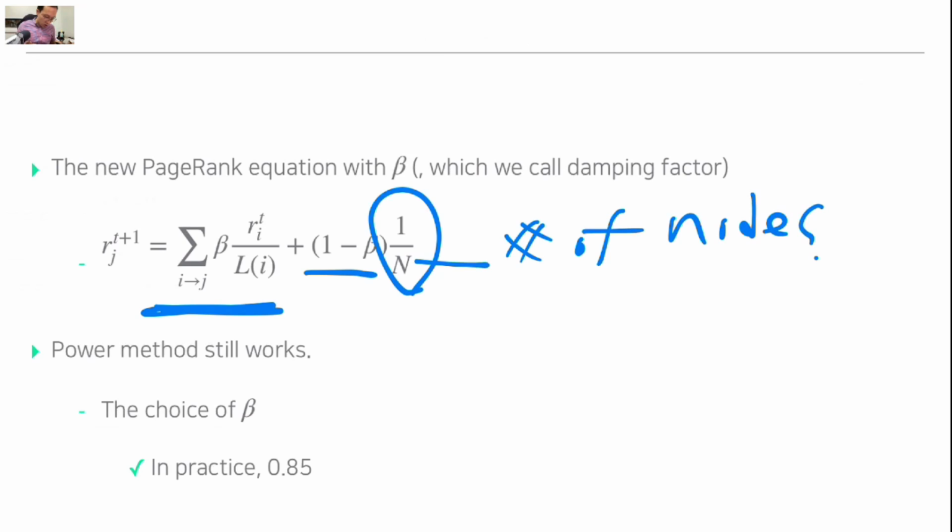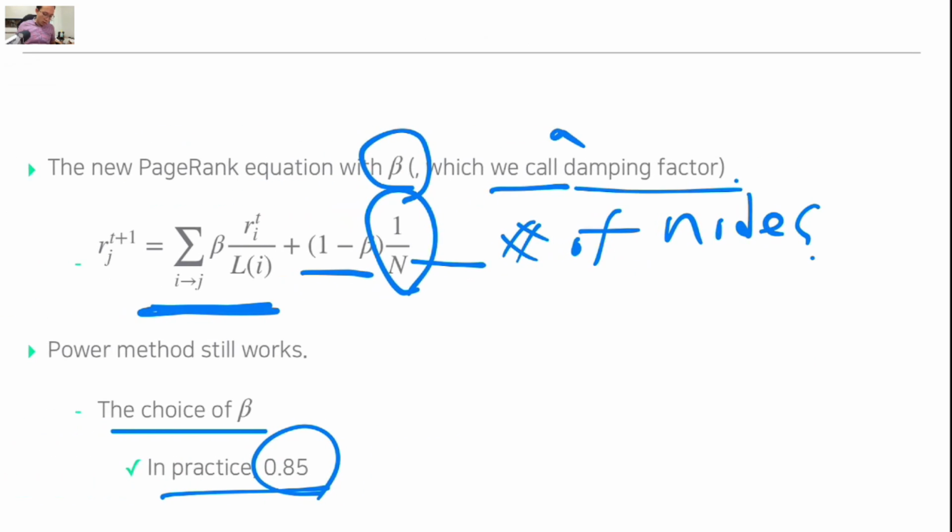So you might wonder about the choice of beta in practice. 0.85, but it still depends on your input graph data. For the beta, we also call this the damping factor.